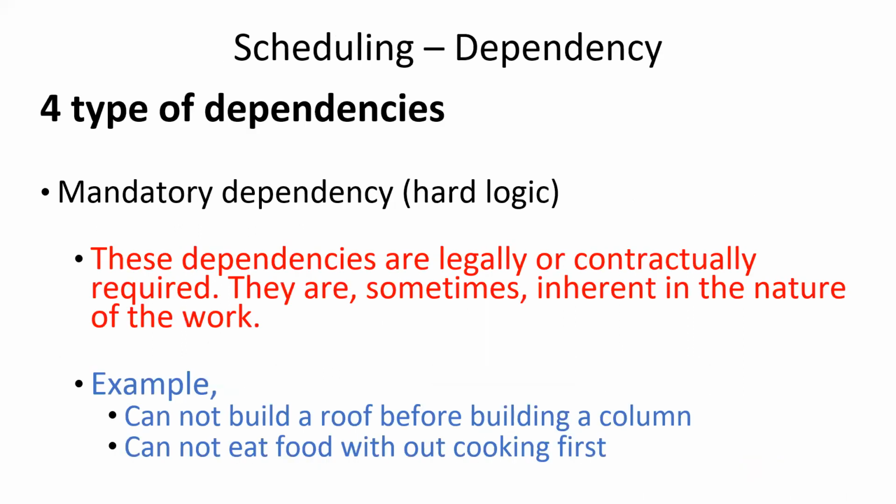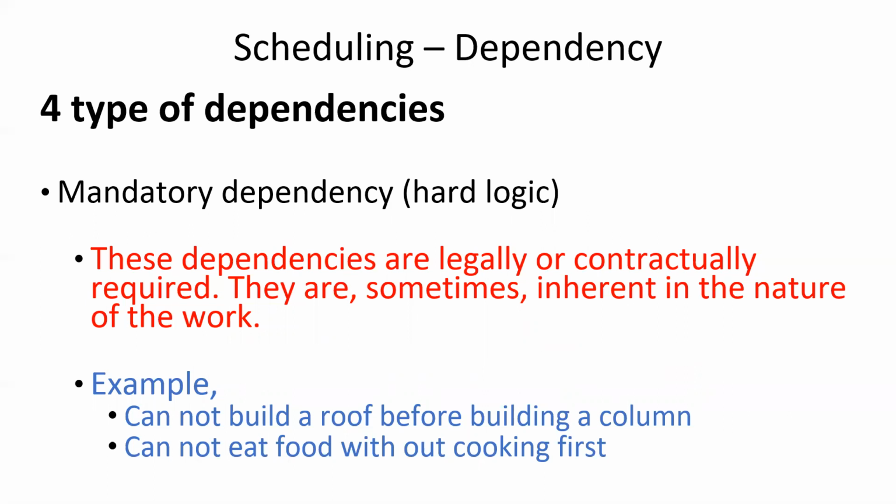Moving on to dependencies, there are four kinds of dependencies. Obviously, there's always a dependency between two activities. One of those dependencies is called a mandatory dependency, AKA hard logic. What that means is these dependencies are either legally or contractually required, and at times they are inherent in nature.